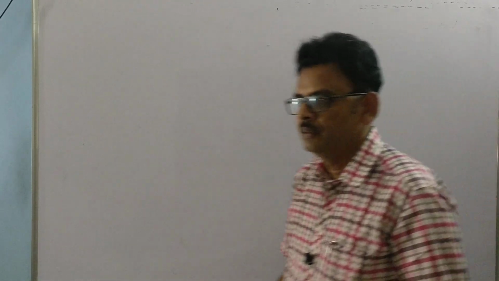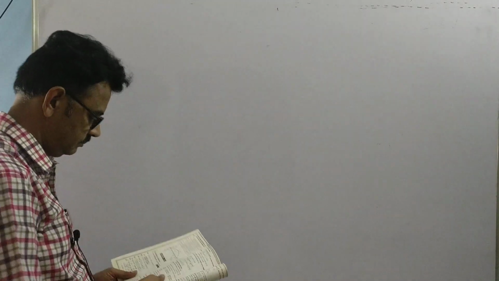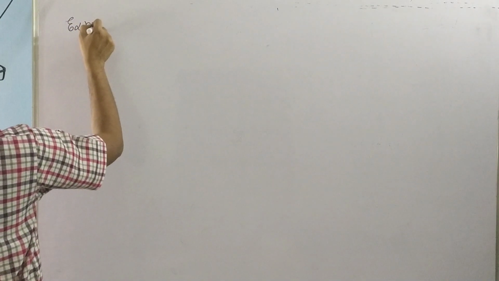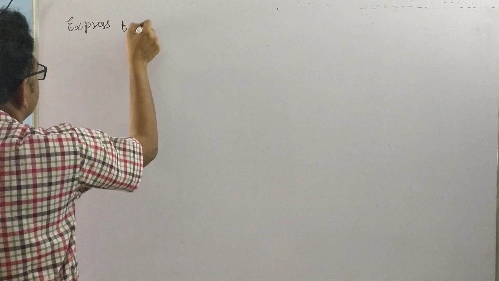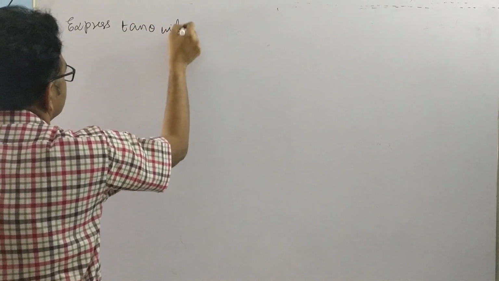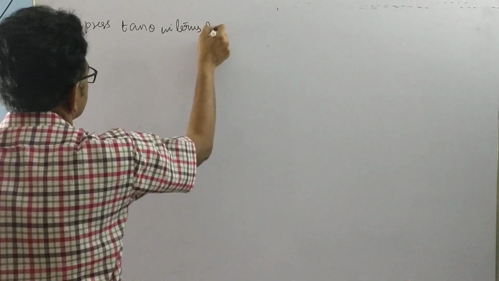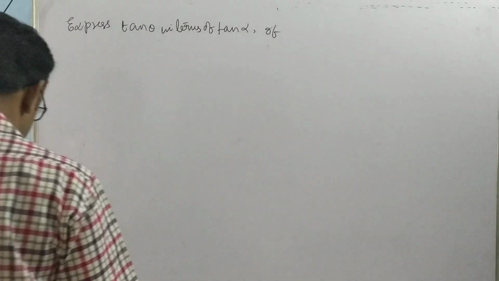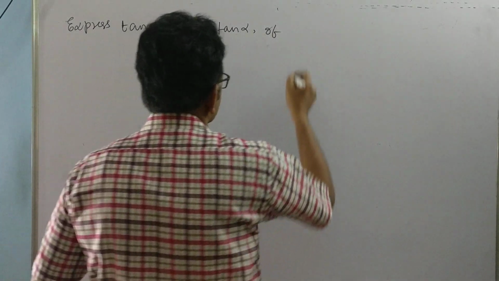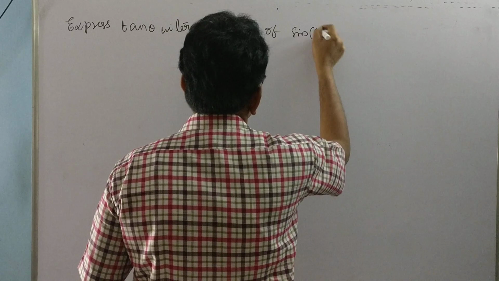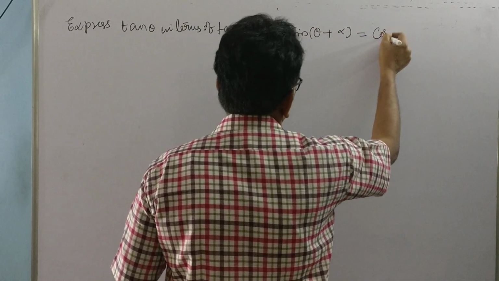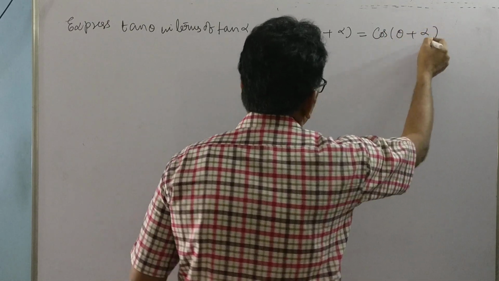Next one, express tan theta in terms of tan alpha if it is given that sin of theta plus alpha is equal to cos of theta minus alpha.